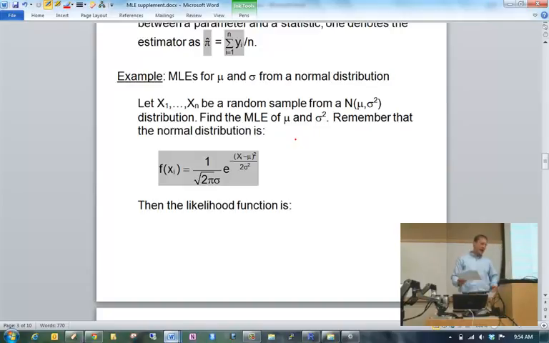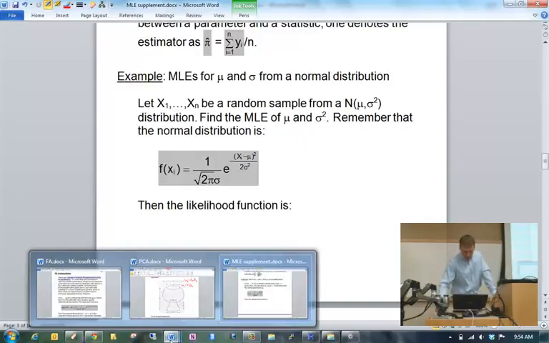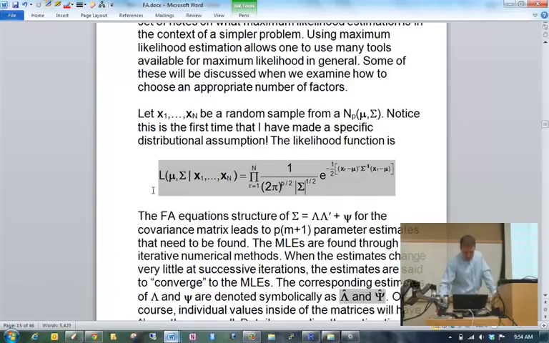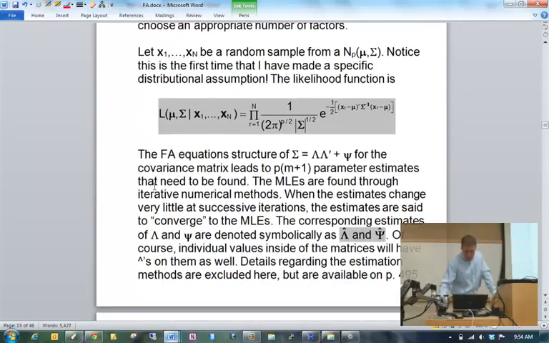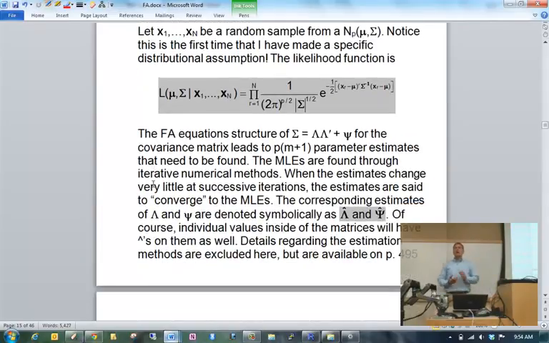Now, with that as background, let's go back to page 15 of my regular notes. In this case, we have a much more complicated likelihood function. This is what it looks like.